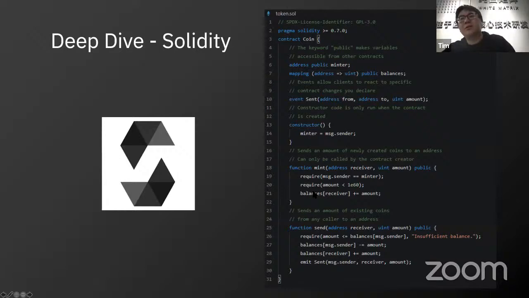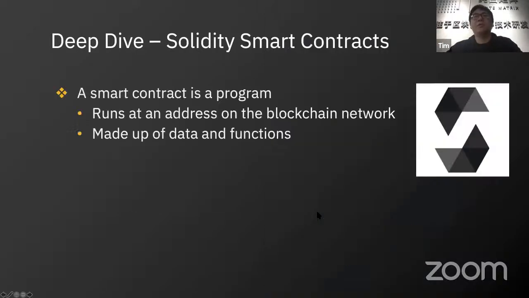The main one is just to create the coins to an address, so basically send the coins to a specific address. And the send is basically another function that you can just send an amount of existing coins from any caller to an address. So these two are user-defined functions.